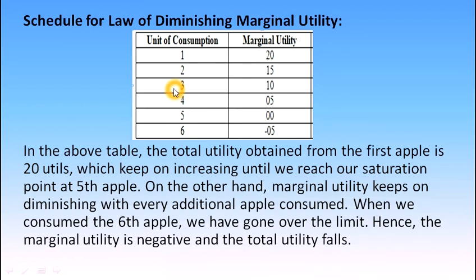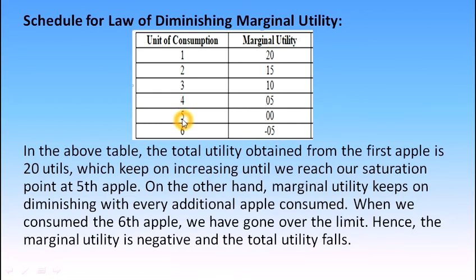In this table, the example of the apple has been taken. When the consumer is consuming one apple, the marginal utility that he is getting is 20 utils. Utility is measured in terms of utils. From the second consumption, it is 15 utils. So you can see, as the consumer is consuming more and more, the marginal utility is continuously falling.